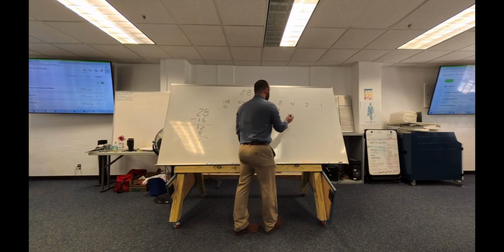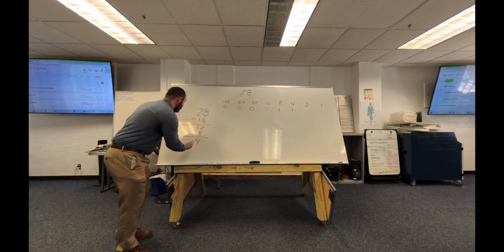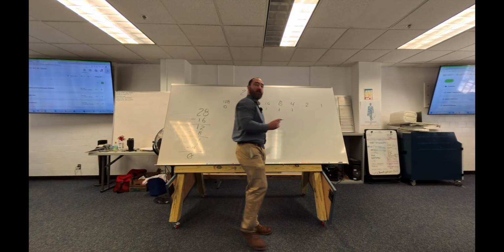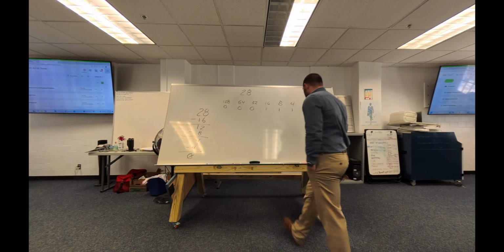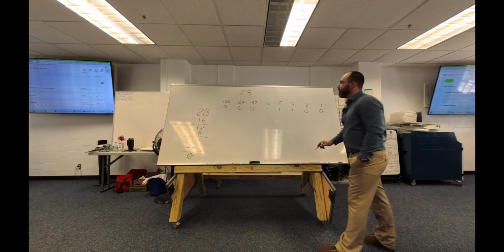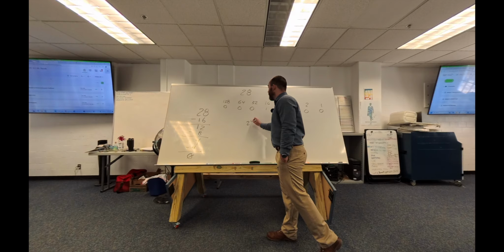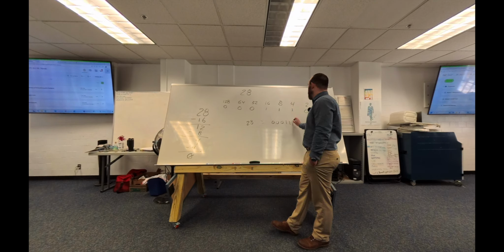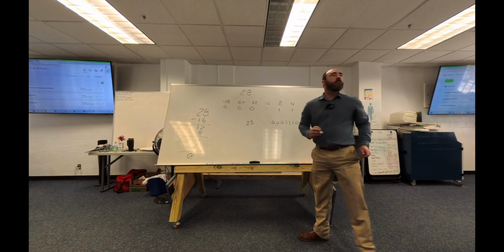Does 4 go into 4? Yes. 4 minus 4 gives us 0. Does 2 go into 0? No. So that's off. And 1? No. So 28 in decimal equals 0, 0, 0, 1, 1, 1, 0, 0 in binary.